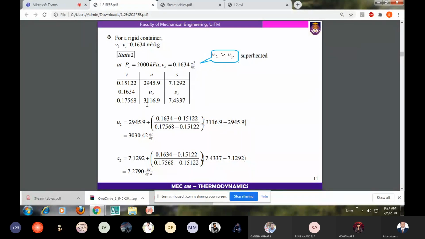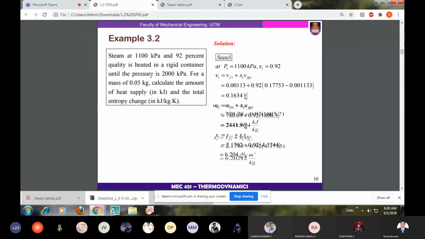If you use this formula, we can get the values for the specific volume of 0.1634. If you solve this kind of problem, we can become familiar with how to interpolate. Go through this problem 2-3 times, then you can understand.